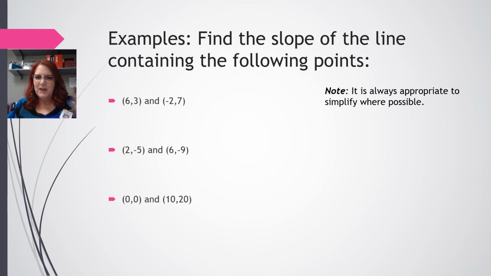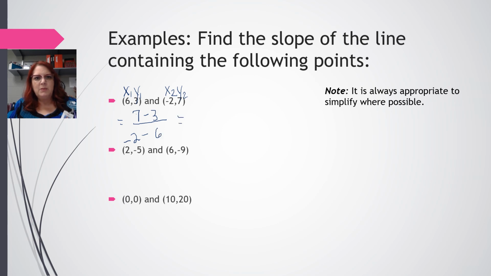All right, so let's go ahead and do a few of these. I'm going to look at this first example, and I'll label these points as x1, y1, and x2, y2. And I'll set this up as, so we're going to take y2 minus y1, and we're going to divide that by x2 minus x1.